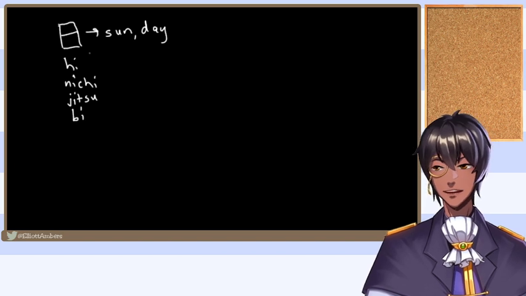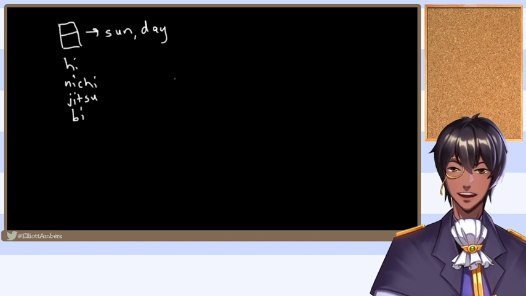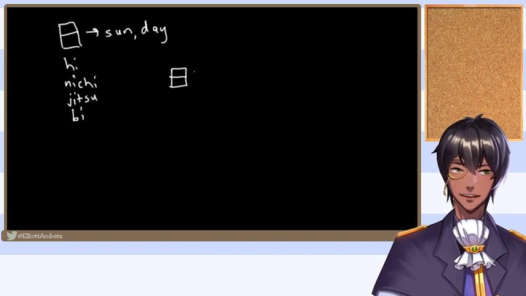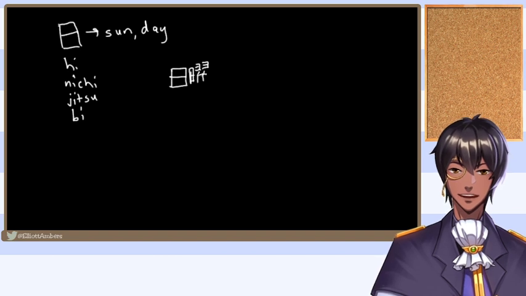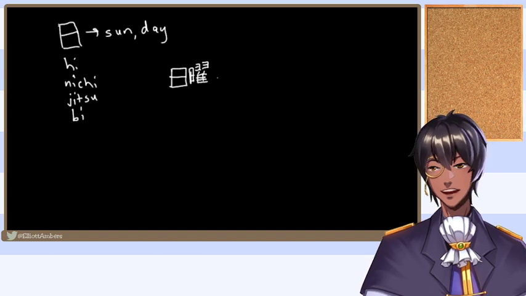There are some obvious ones, like Sunday. Actually, this is a mean one to write down. This is the word for Sunday, nichi, and I believe the character is like this. It is nichiyobi. I don't know why the days of the week have such a complex kanji for something so simple as the day of the week.